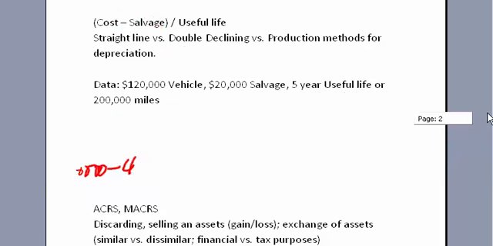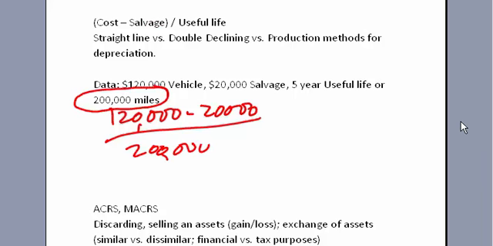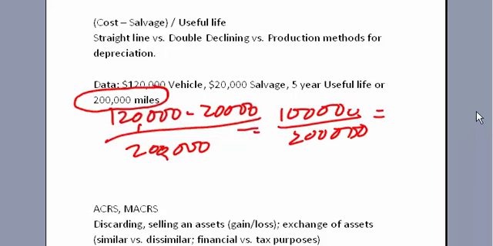The third method is the production method, and here we would say cost minus salvage, so $120,000 minus the salvage of 20,000 divided by the useful life, which is expressed in miles, so 200,000 miles. So we'd have 100,000 divided by 200,000, or in other words, 50 cents per mile.